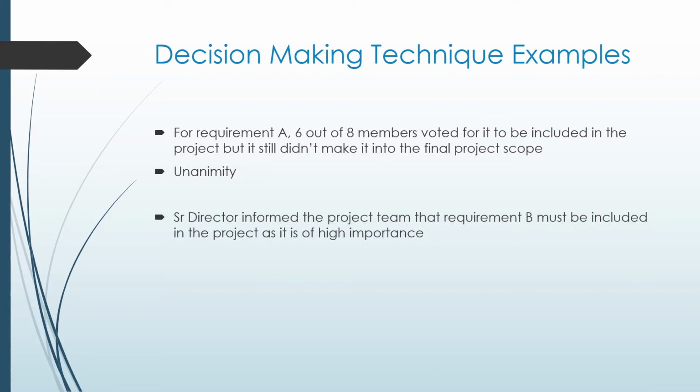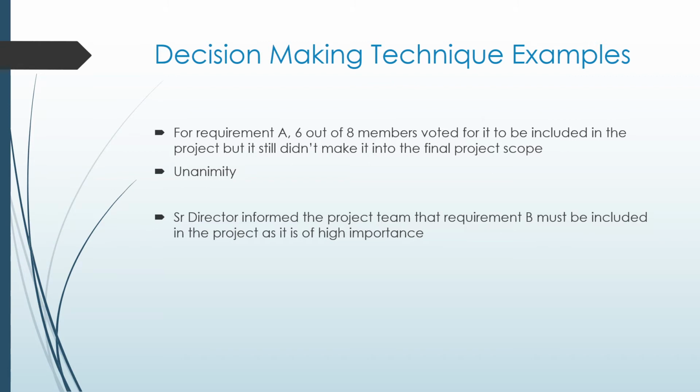Senior director informed the project team that requirement B must be included in the project as it is of high importance. So a senior director walks in to any meeting that you're having within the requirements, or sends you an email and tells you that there is a requirement, which is called requirement B here, and that must be included in the project.